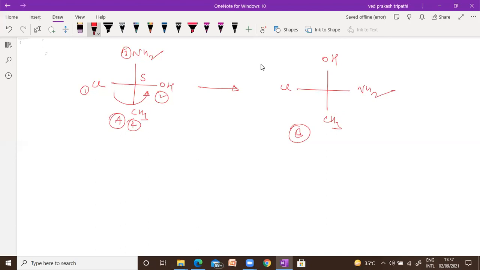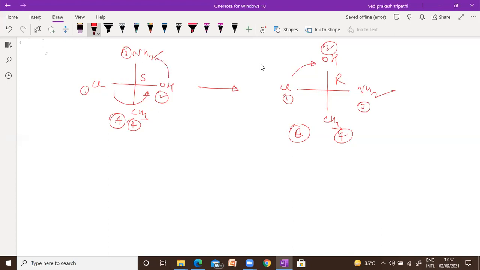And if you look at this one, chlorine 1, oxygen 2, nitrogen 3, this is 4. And you can see 1 to 2. And this time vertical is again 4th. So vertical clock is R. So now you can see A and B have different configuration. And one more thing you can see, everything is the same between A and B except the position of OH and NH2.